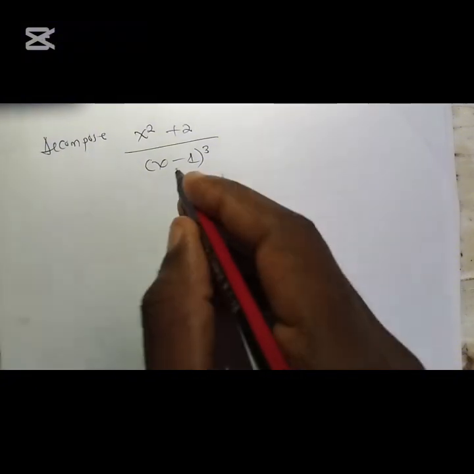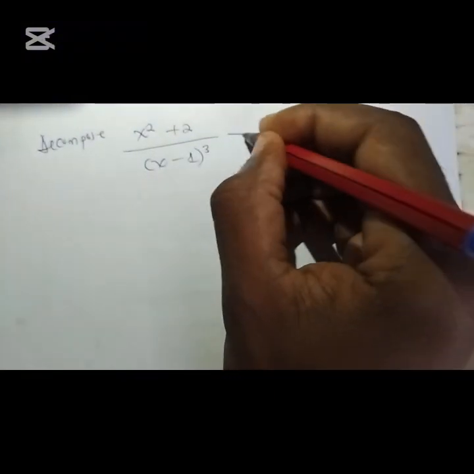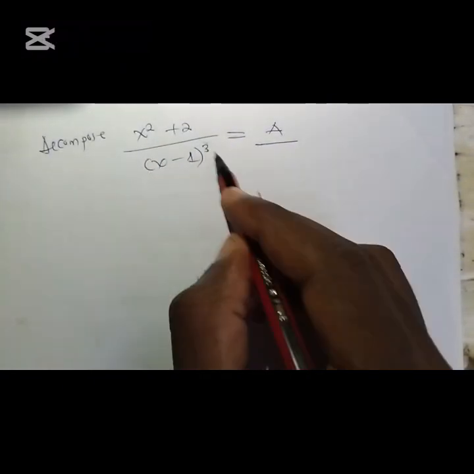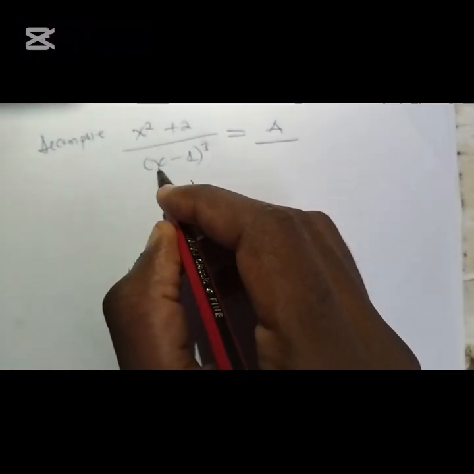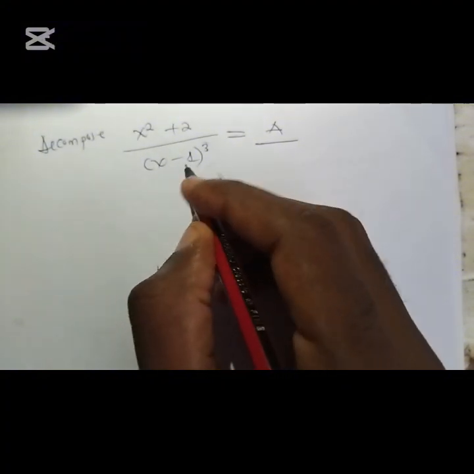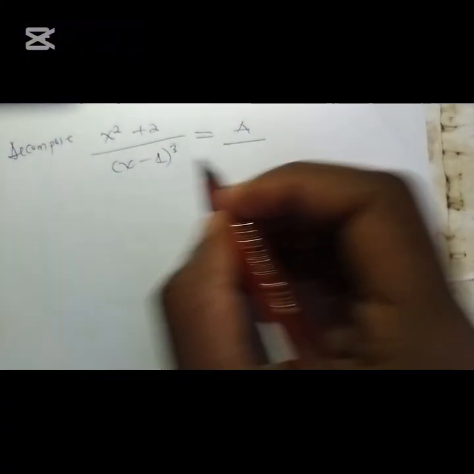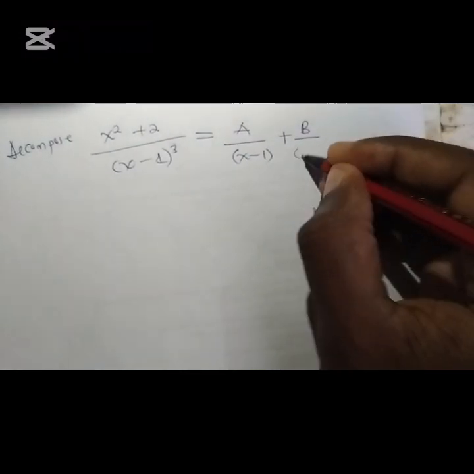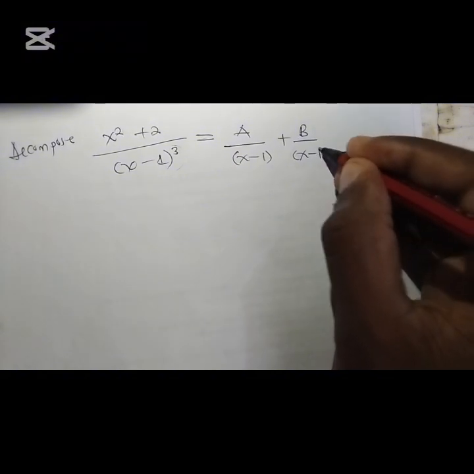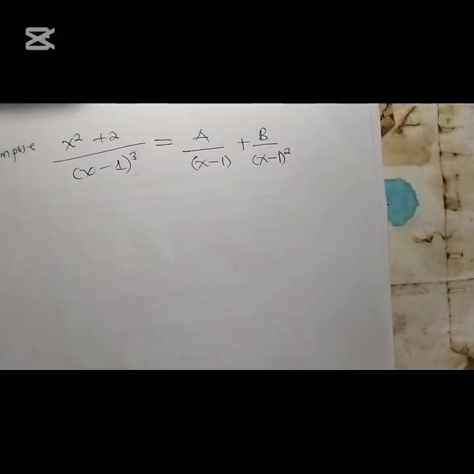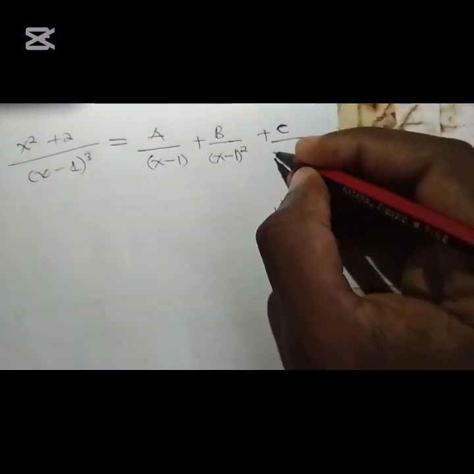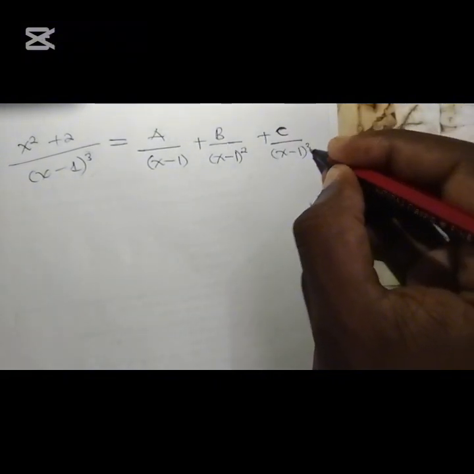Okay, so for this one, the rules state that if you have a repetition like this, where x minus 1 is being repeated, the rule is you write a over x minus 1, then plus b over x minus 1 raised to the power 2, like the power will keep on ascending, plus then there is c, since you have 3 parts we include c, then x minus 1 raised to the power 3.